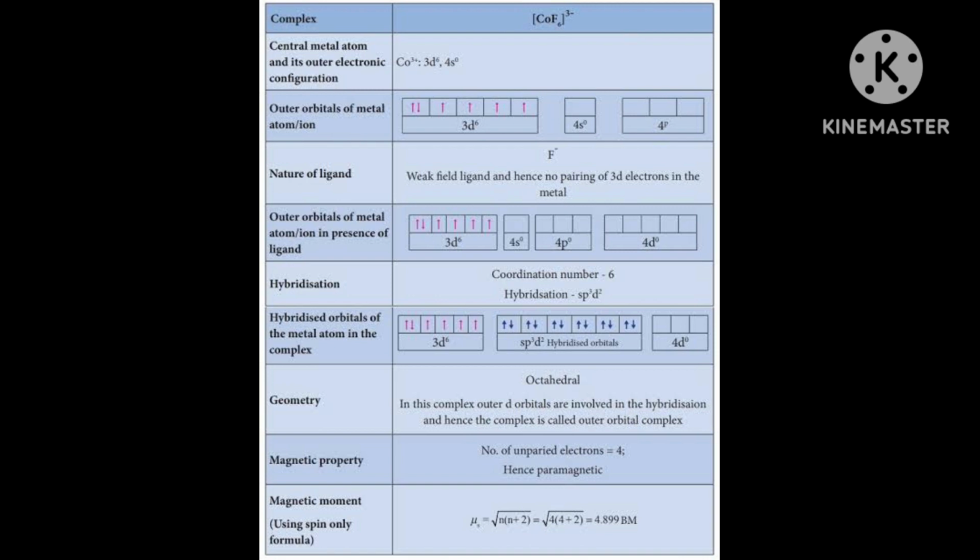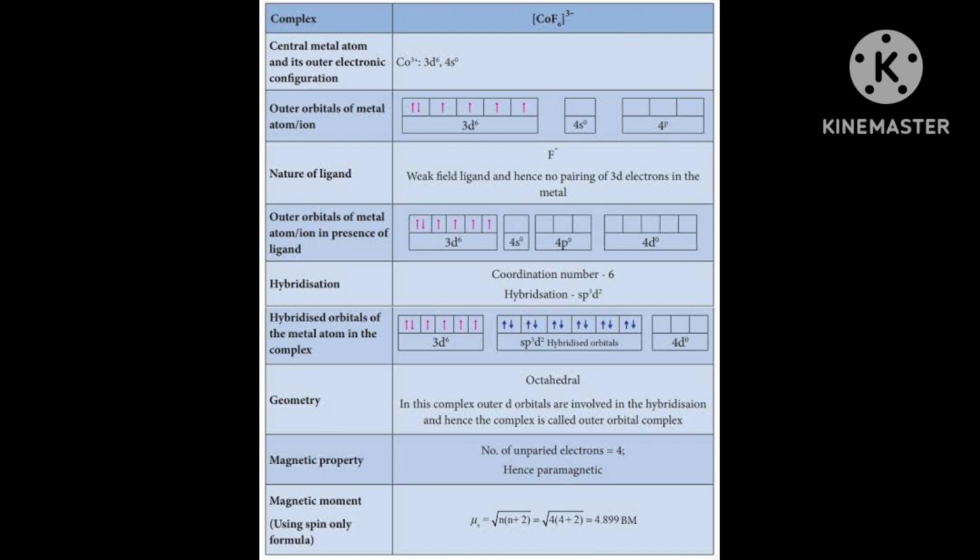Here also 6 orbitals are taking part, d, s and p, just like in the cobalt case. But the difference is that this time the outer d is taking part, not the inner.